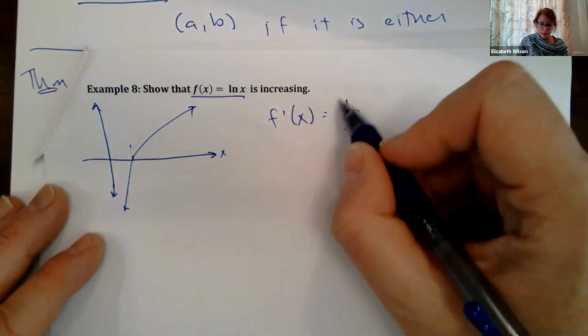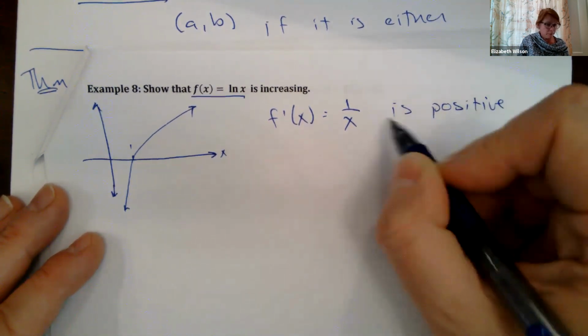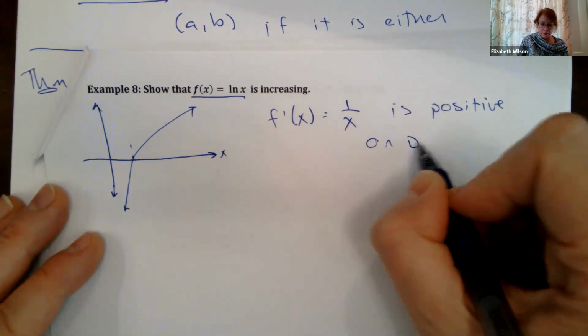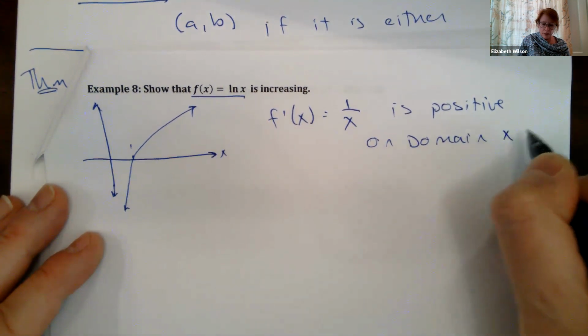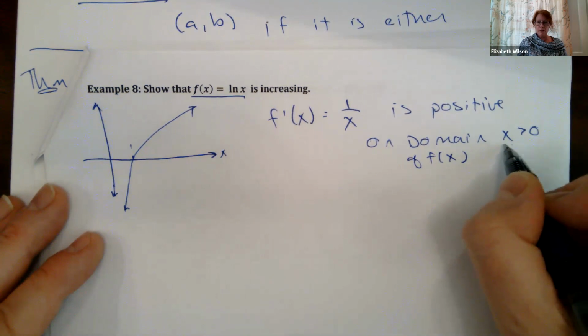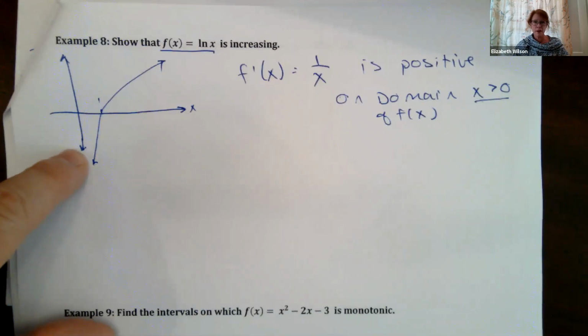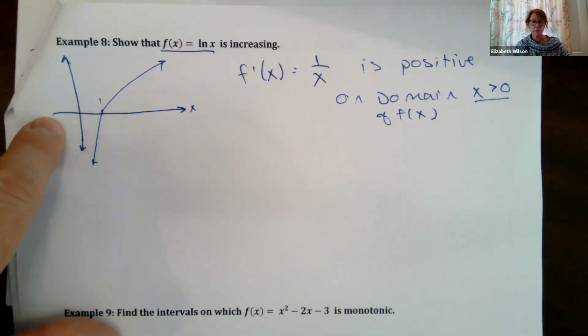This, right, 1 over x function is positive on the domain, for all values on the domain of my function, which is all values of x greater than 0. Okay, so my natural log function is not defined for values of x that are less than or equal to 0.